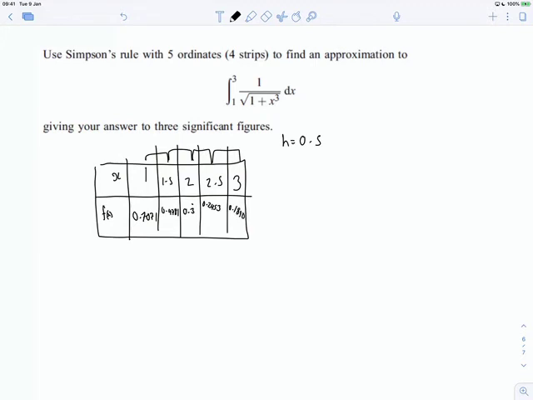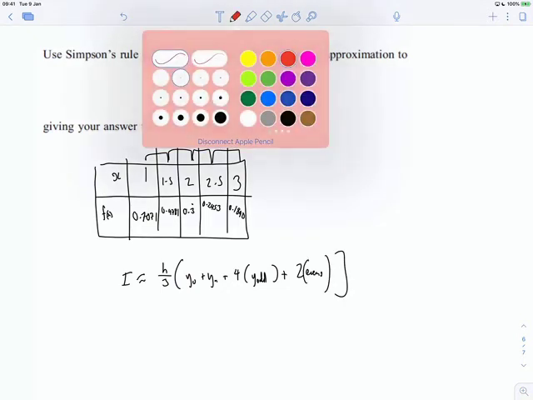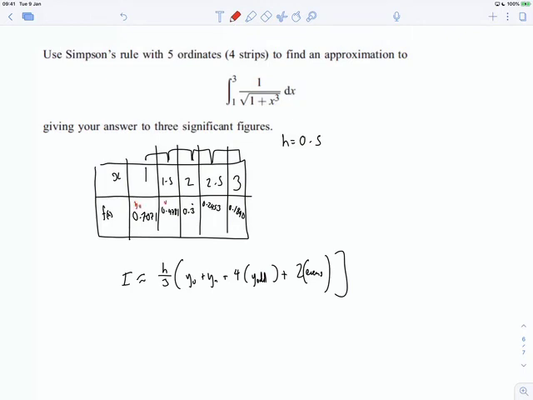Okay, so what was Simpson's rule again? Simpson's rule was that this approximates to h over 3 times the first y value plus the last y value plus 4 lots of all the odds plus 2 lots of all the evens. So remind ourselves that this is y0, this is y1, this is y2, this is y3, this is y4.